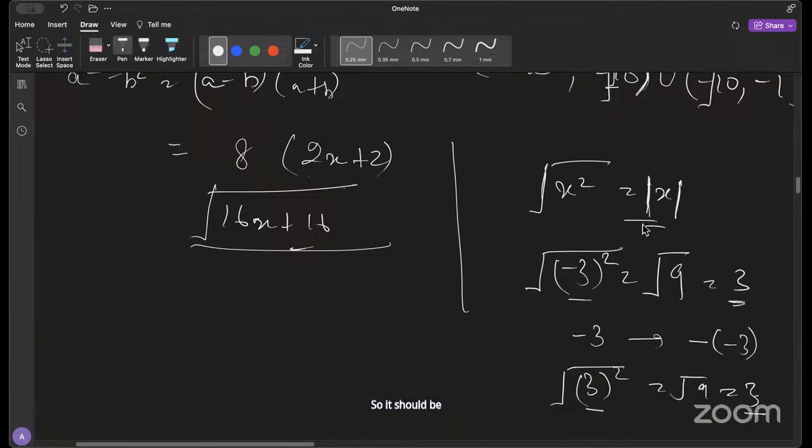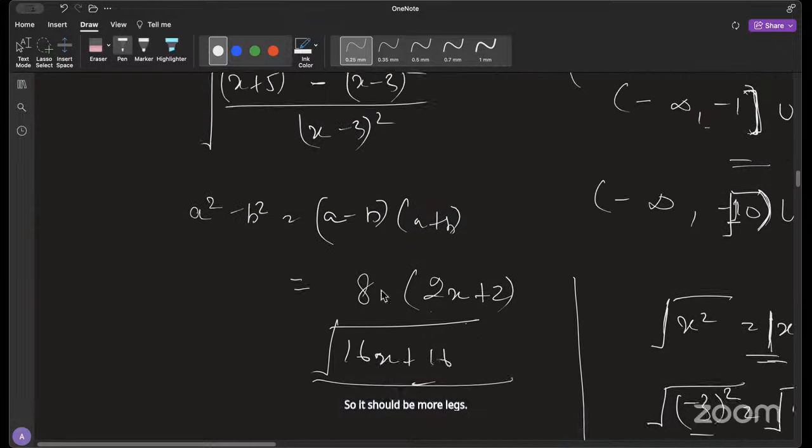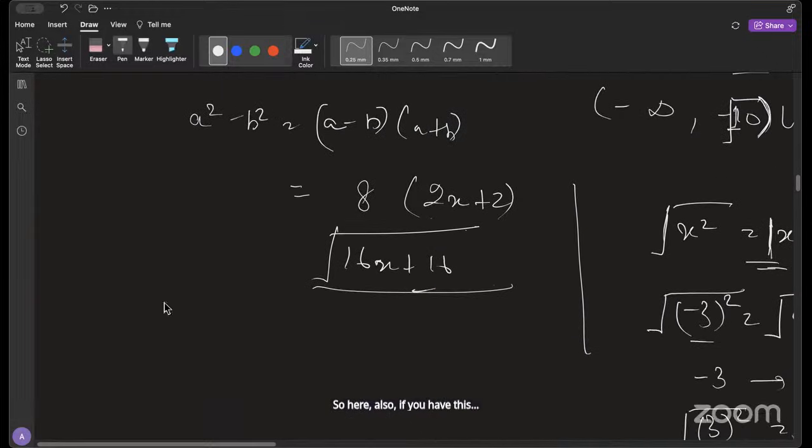It works like the mod function. When you put a positive number, you get the same number. So it should be mod x. So here also, x minus 3 squared and then square root of it should be mod of x minus 3.